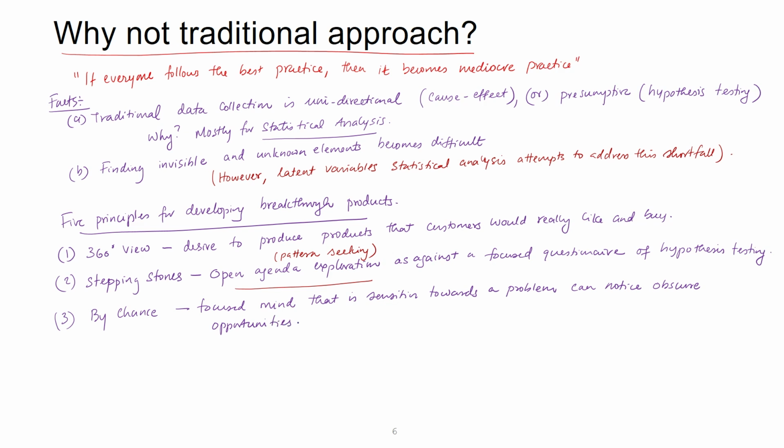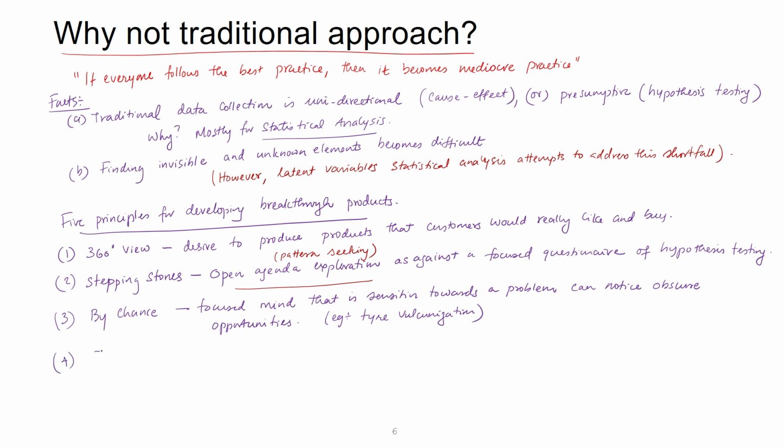An example of this is tire vulcanization by Charles Goodyear. Similarly, the invention of the microwave by Percy Spencer at Raytheon is another example.